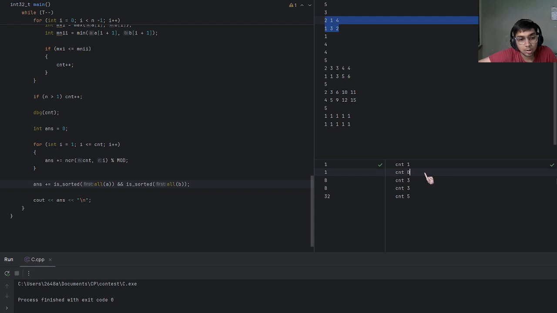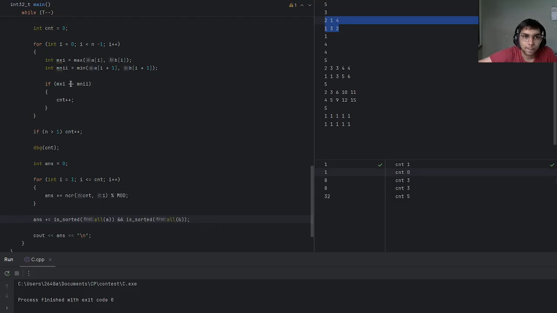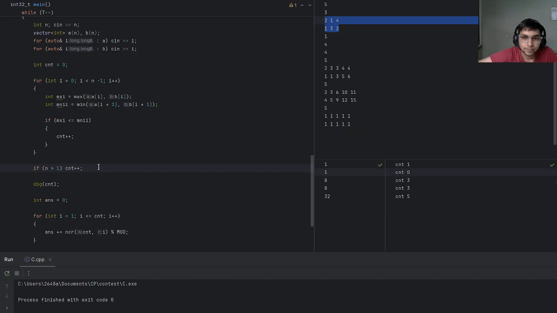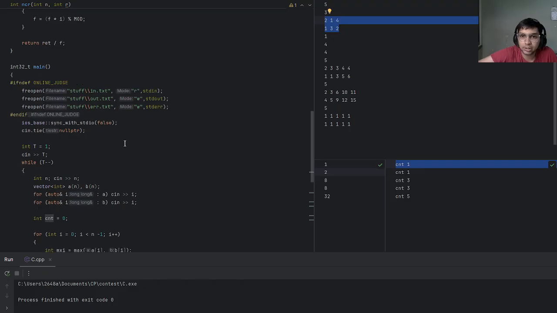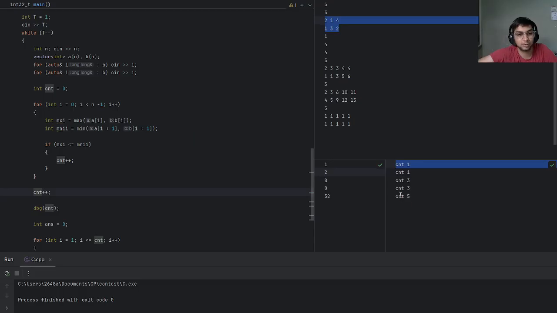Oh, segment. It's a whole. Then I guess I should remove this. Doesn't seem like a nice fix to me, but why is this? Oh, this is too late.